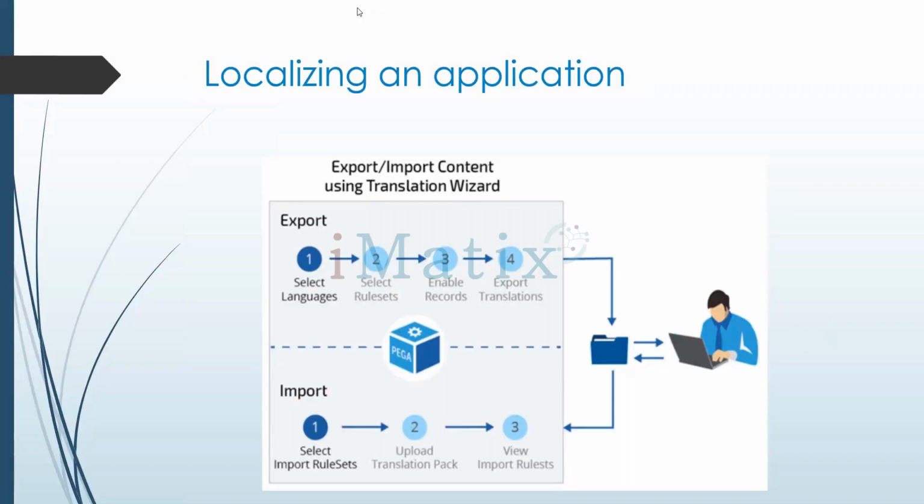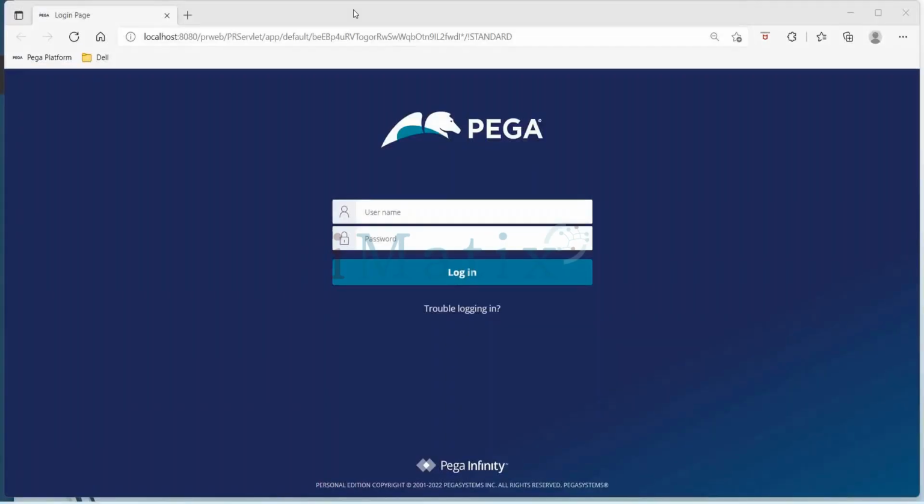Let's see this in a step-by-step process. I think we'll directly move into the dev environment. We'll see how this is taken care of. But before localizing, I'll add in some entities, some instructions and some paragraphs.